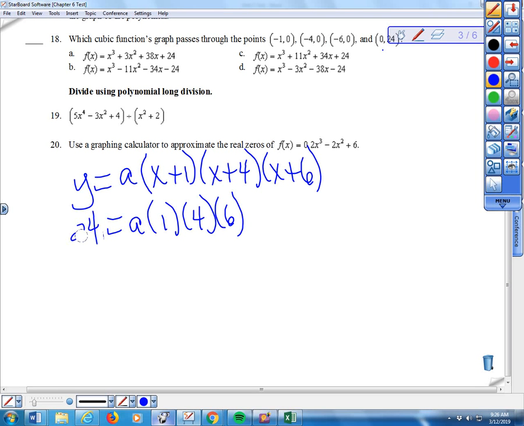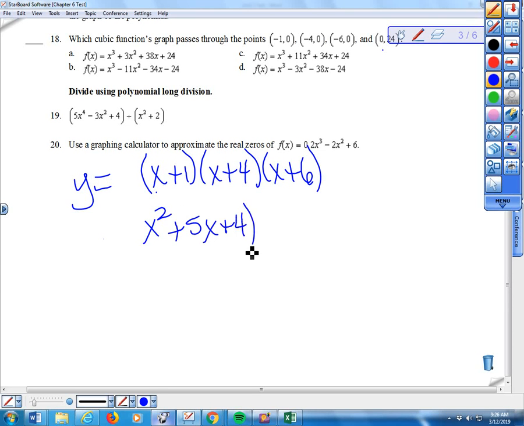So now all I have to do, since I know this is 1, is just multiply these. So x times x is x squared, plus 4x plus 1x is plus 5x, plus 4. Now I'm going to multiply that times x plus 6.